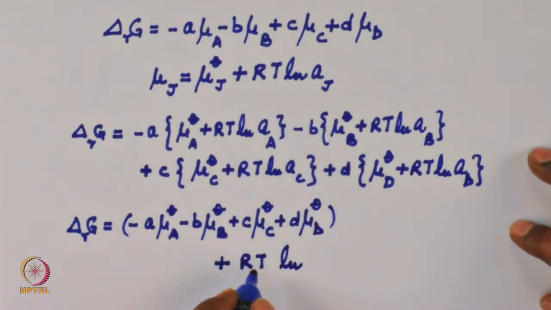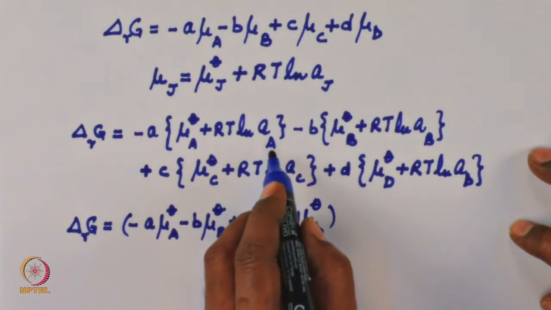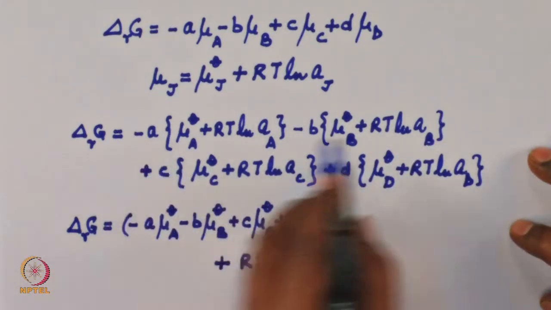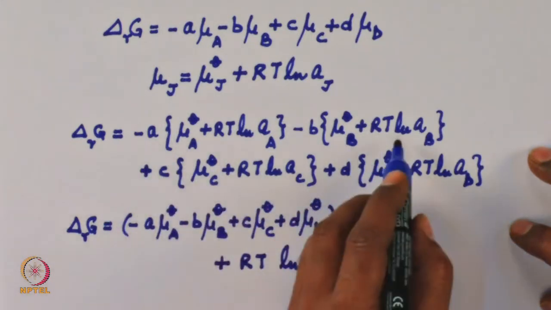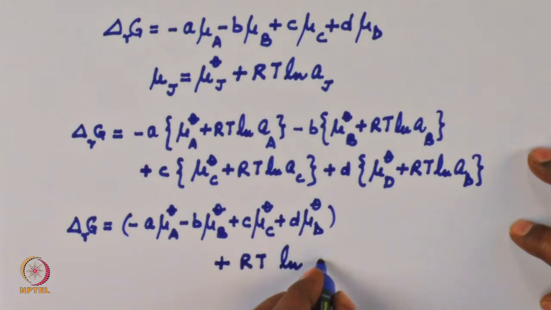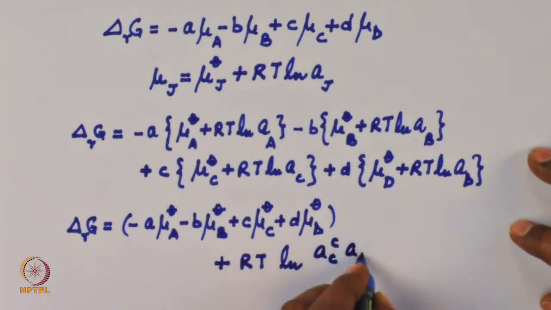Now, activity of A and activity of B are with the negative signs, so these will come as denominators in the logarithmic term. In the numerator we have activity of C raised to the power C, activity of D raised to the power D, over activity of A raised to the power A, activity of B raised to the power B.